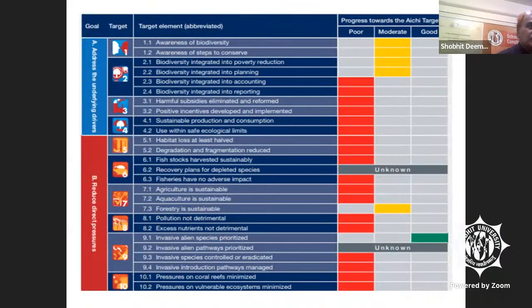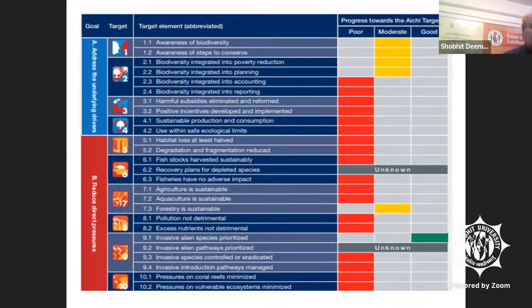Now, these are some of the solutions which are required, and these solutions are necessary for the environment. You will find that we should create awareness of biodiversity, awareness of the steps to conserve biodiversity. Biodiversity should be integrated into poverty reduction. As you increase biodiversity, poverty will also be reduced.